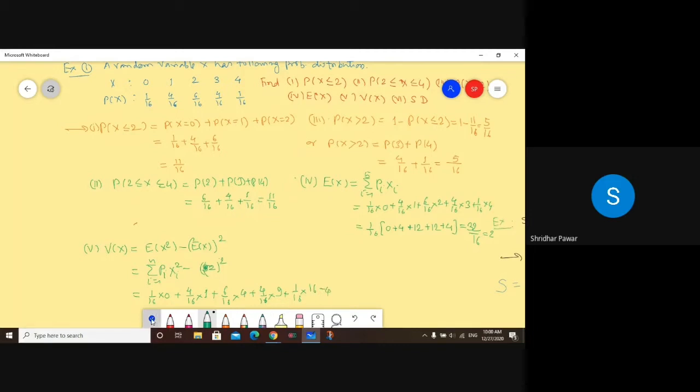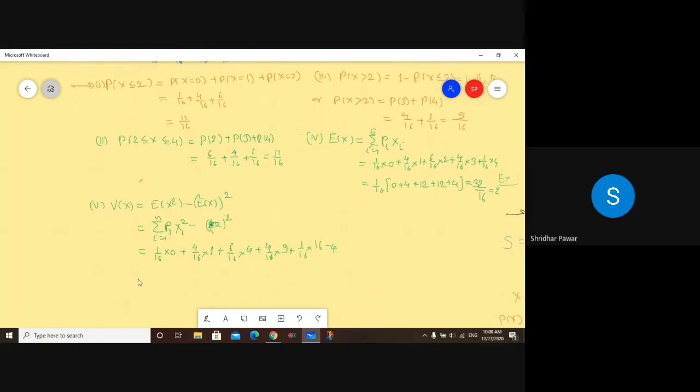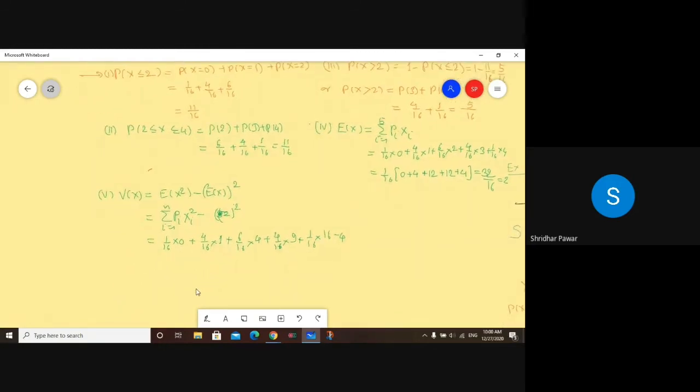So do the calculation. So this is equal to, again I will take 1 by 16 common, so that denominator will go out. छेद आहे तो बाहेर कॉमनच घ्यायचं 1 by 16. आता काय शिल्लक राहतं पाहता, 4 into 1 is 4 plus 6 into 4, 24 plus 9 into 4, 36 plus 16, right, minus 4.